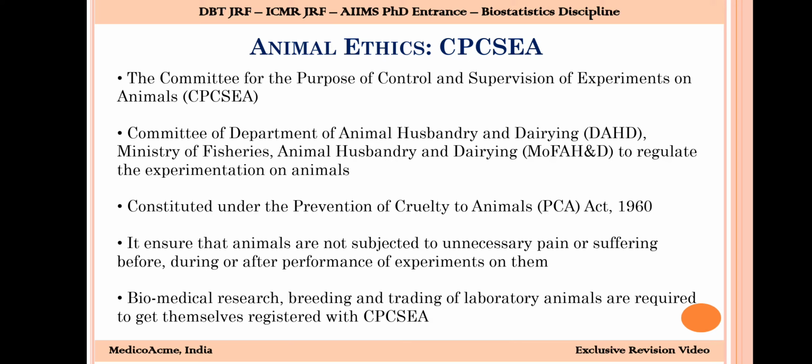It is a Government of India body, as you all know, and it was constituted under the Prevention of Cruelty to Animals Act 1960. Same as with human subjects, for animals there is also a rule that you cannot show cruelty in your research. It ensures that animals are not subjected to unnecessary pain or suffering before, during or after performance of the experiment on them.